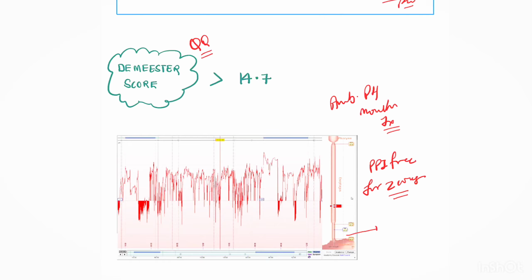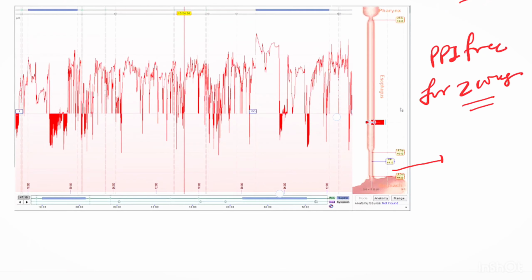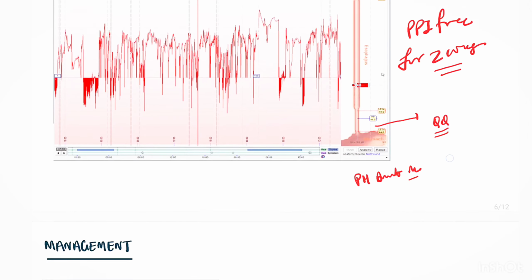We don't give proton pump inhibitor before 2 weeks of this investigation. So there is a score calculated. If this score comes 14.7 or more than 14.7, the patient is diagnosed with GORD. So this is the DeMeester score, and this is the investigation showing the pH ambulatory monitoring. So this is the graph which can be asked in upcoming NEET PG by giving this image.